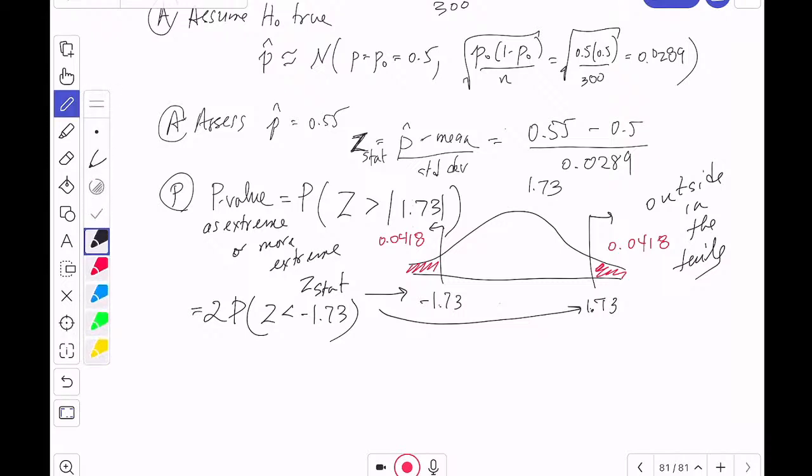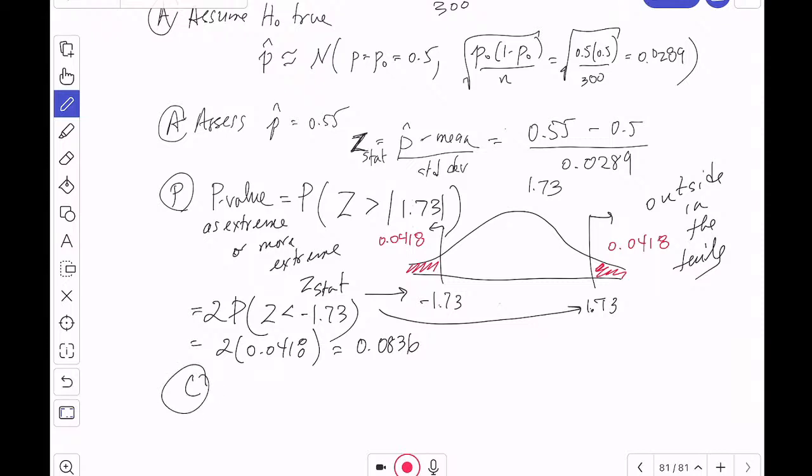And so what happens is this number is 2 of those, which is 0.0836. And finally, the concluding step will use that result.